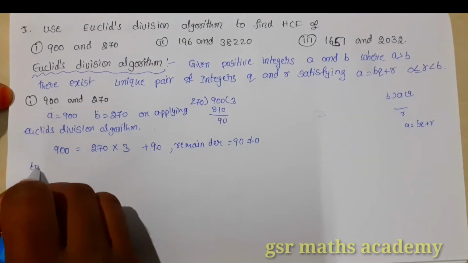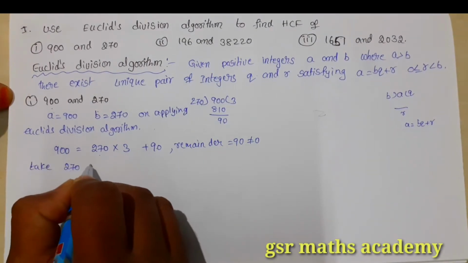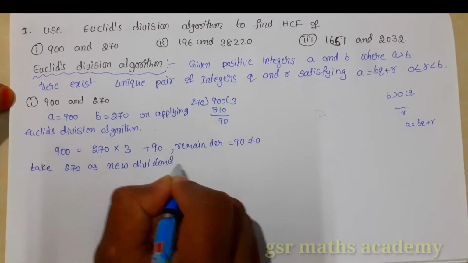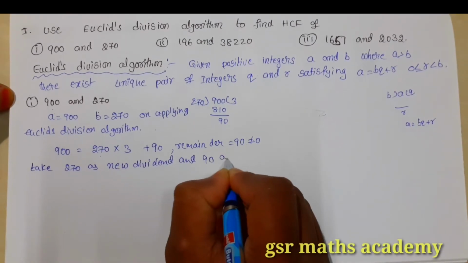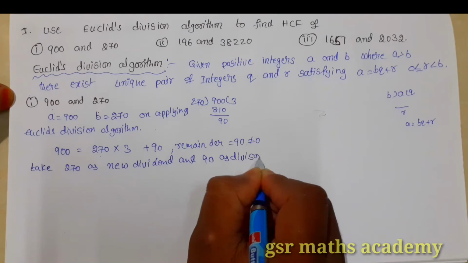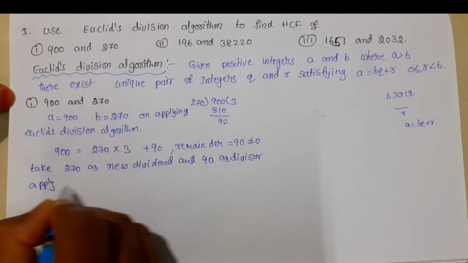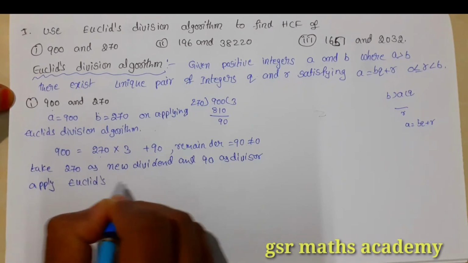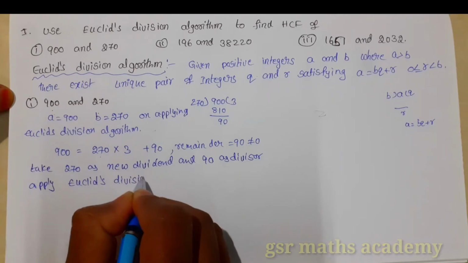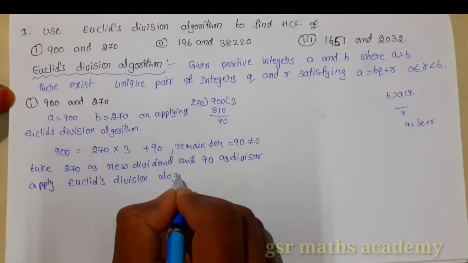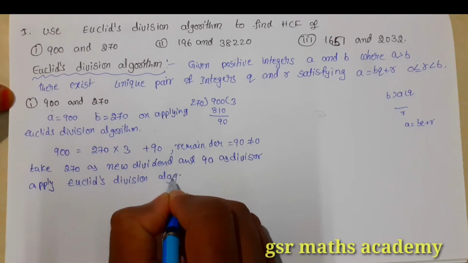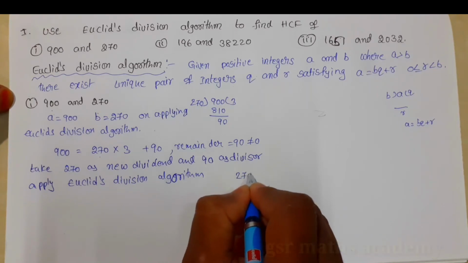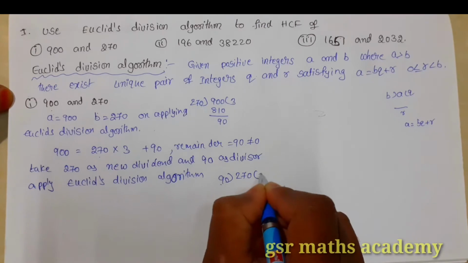That means take 270 as a new dividend and 90 as a divisor. Apply Euclid's division algorithm. That means we need to divide 270 by 90. Now 90 threes are 270.